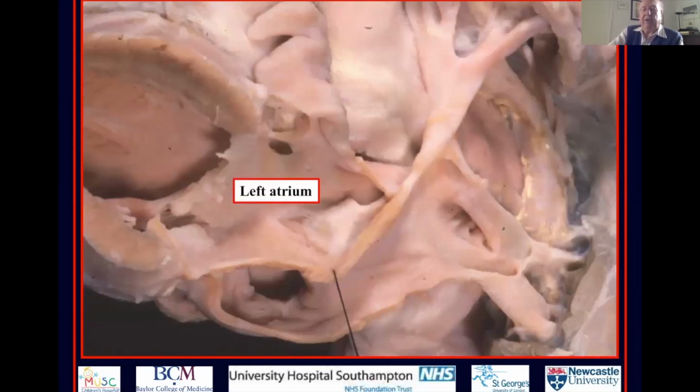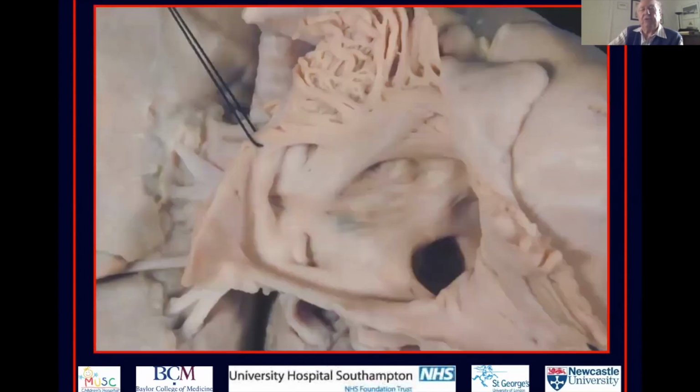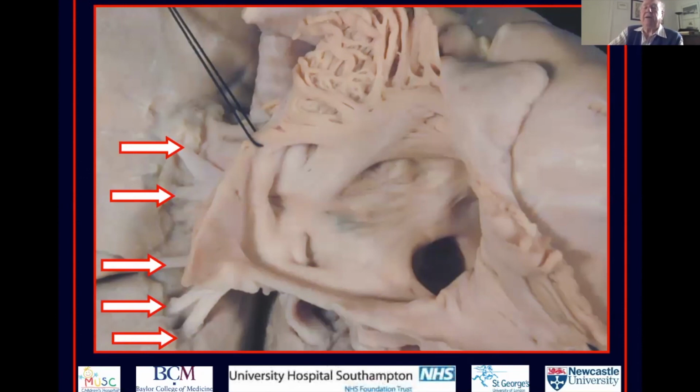And now again, we have the dual walls between the left atrium and the pulmonary veins that are connecting into the coronary sinus and thence into the right atrium.